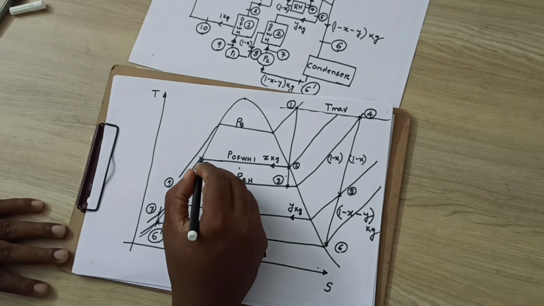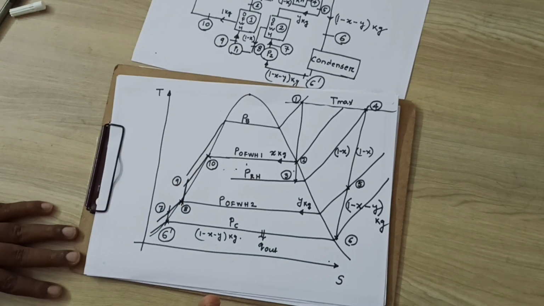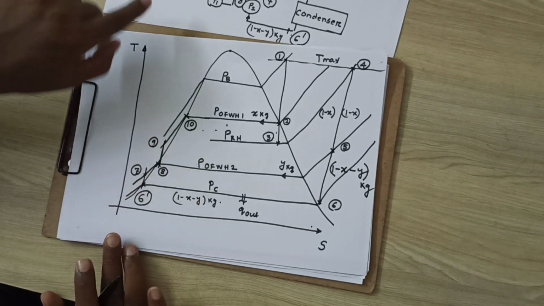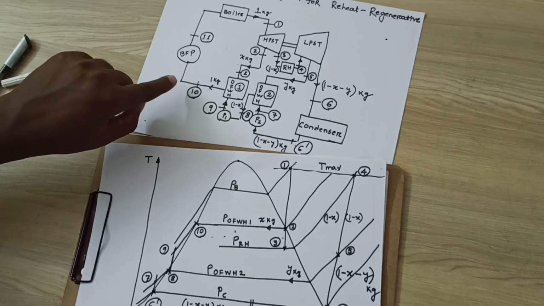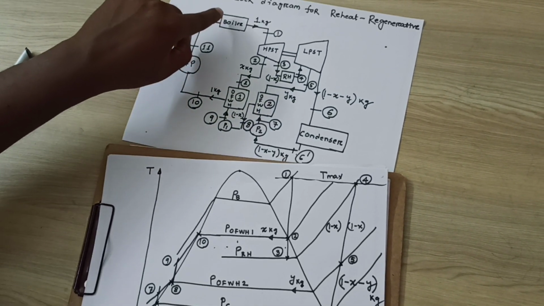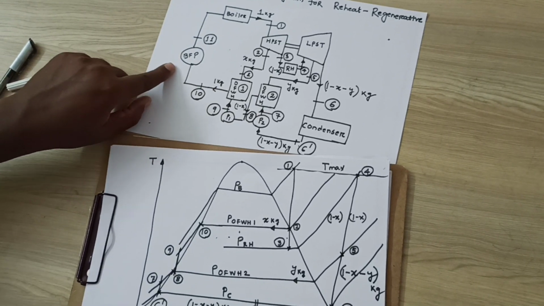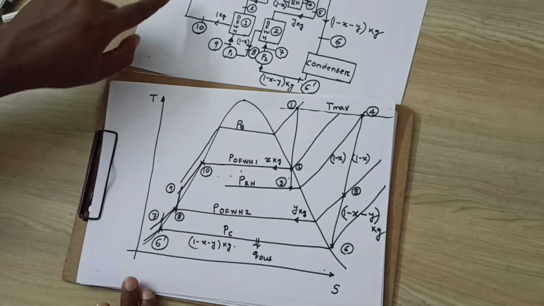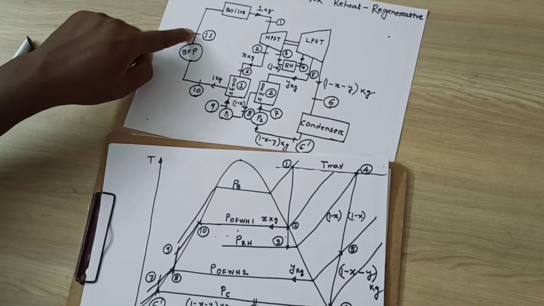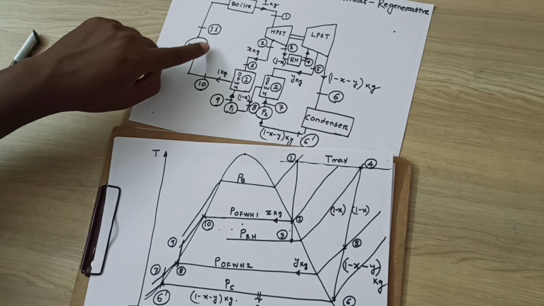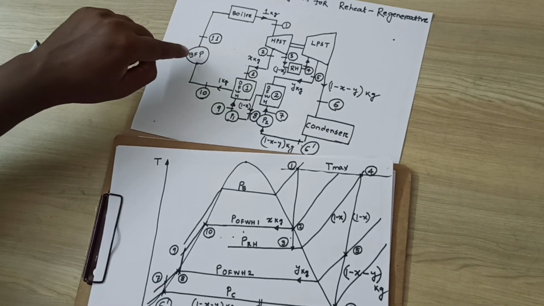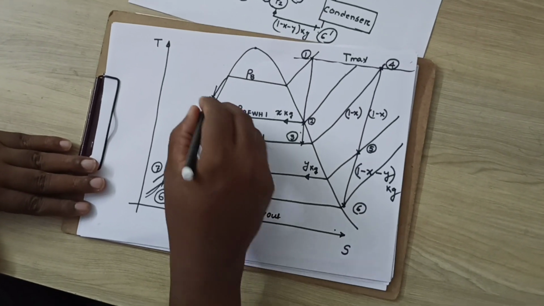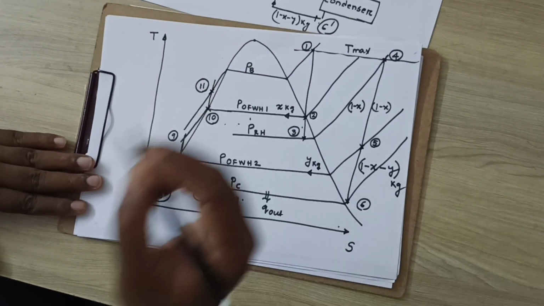Now we have prepared our feed water to feed the boiler. From state point 10, the feed water is fed to the boiler through the boiler feed pump, to state point 11. State point 10 is the OFWH1 pressure line, state point 11 is the boiler pressure line, and the boiler feed pump increases the pressure in between. Again isentropic pumping occurs, and this will be state point 11.